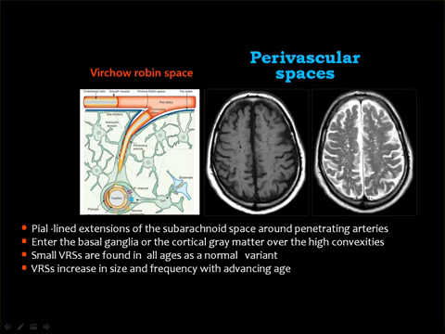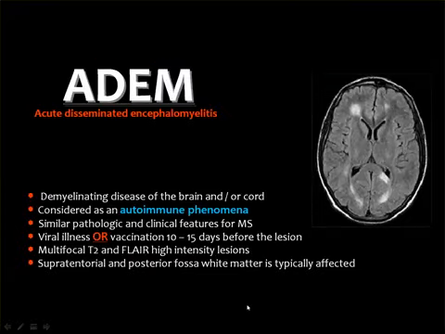These foci are usually smaller than this, but many times you got abnormal enlargement of the Virchow-Robin spaces, which is considered sometimes as a normal variant, and sometimes are related to some diseases like the Canavan disease, which affects the Virchow-Robin spaces.